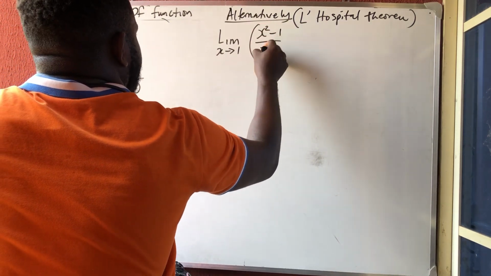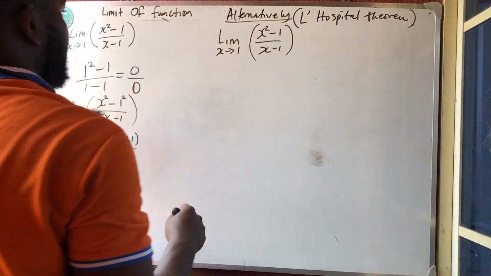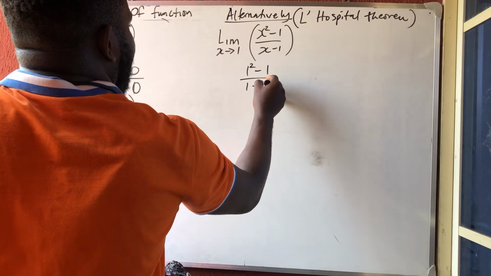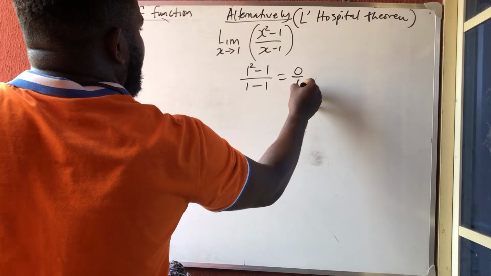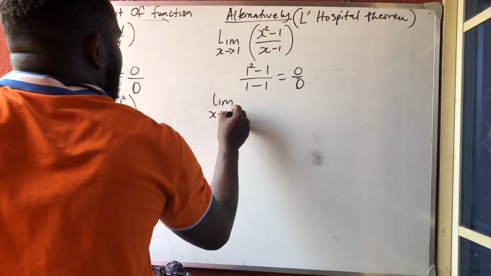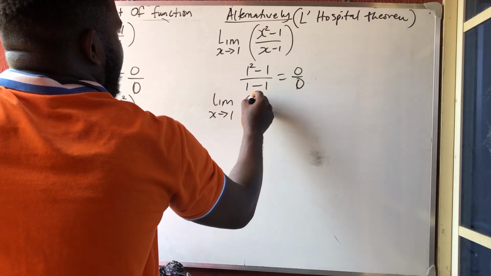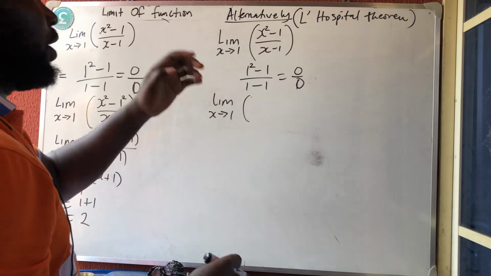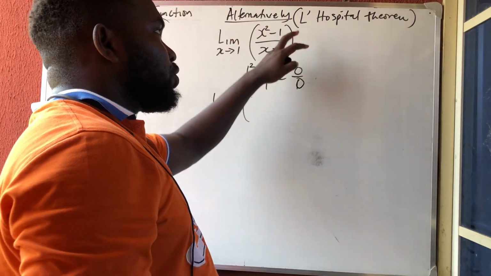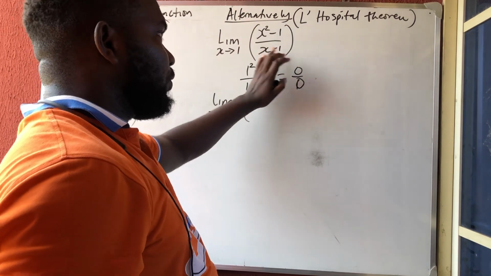Watch me now. If I substitute, I'm having 1 squared minus 1 all over 1 minus 1, which is 0 over 0. So let us apply the law. The limit as x approaches 1 of, now you differentiate. This is supposed to be the quotient rule, but we don't do it that way. Just differentiate up normally, differentiate down normally.